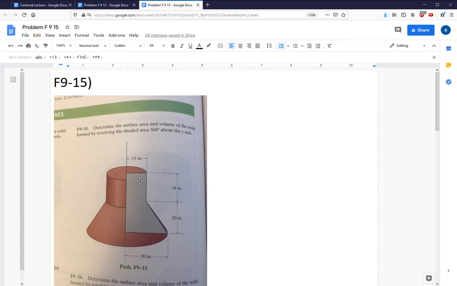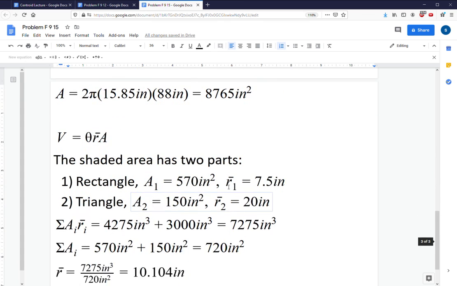For the centroid of these two shapes, for the rectangle, it's the halfway point, so half of 15 inches, or 7.5 inches. For the triangle, remember the centroid of a triangle is 1/3 of the length from the right angle. This length is 15 inches, 1/3 of that is 5 inches, plus this right angle is 15 inches away. So 15 inches plus 5 inches is 20 inches.